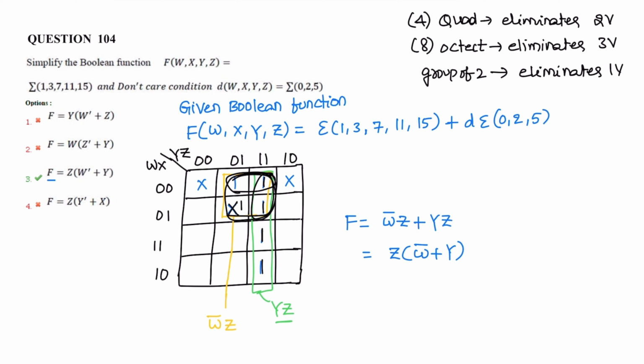So we need to keep this don't care condition as 1 and the other don't care conditions as 0. So from this, we will get the resultant function f equal to w bar z plus yz. Take z as common. The function f is equal to z into w bar plus y. Correct answer is option 3, z into w dash plus y.